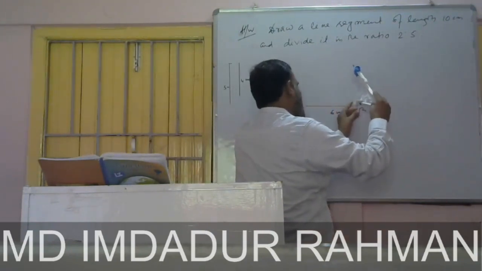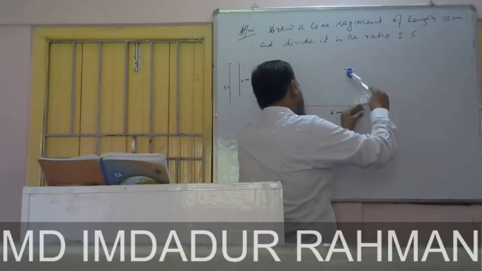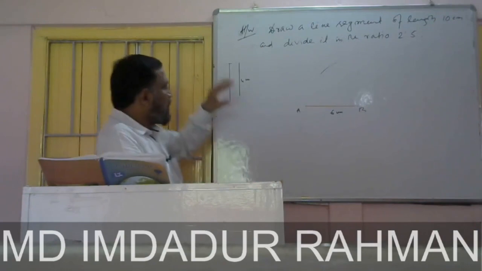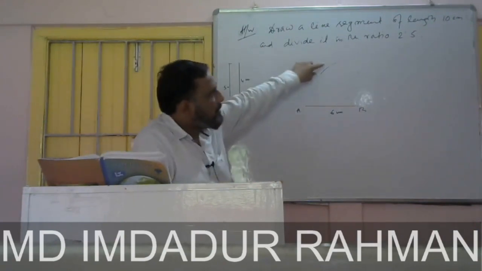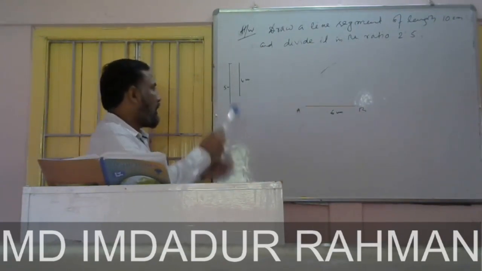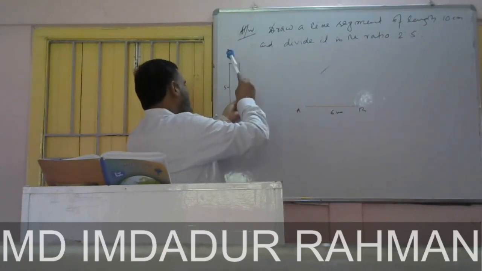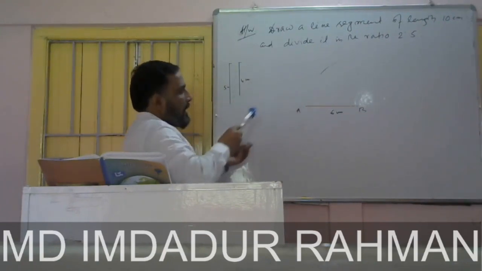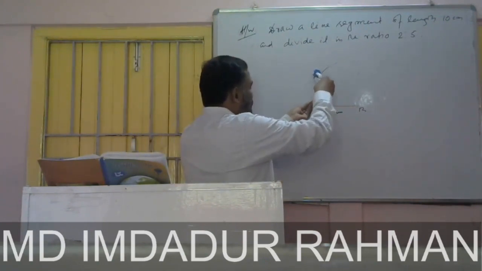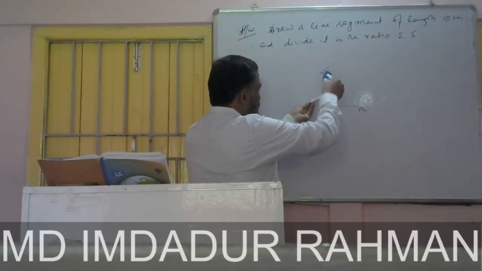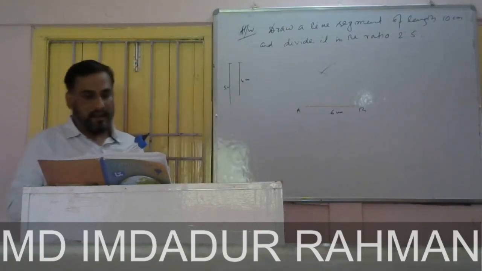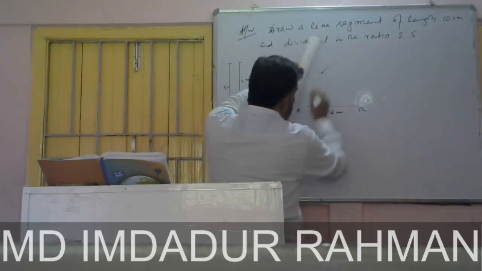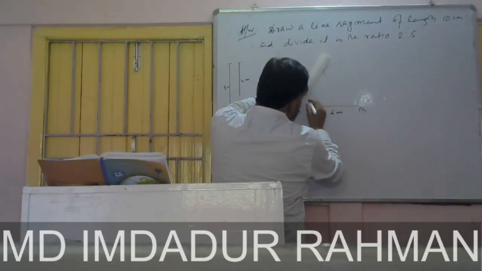From the point B, I have copied here and put at the mark. Now again I will copy 4 centimeter and from A we will intersect here. Then your triangle will be formed as ABC.